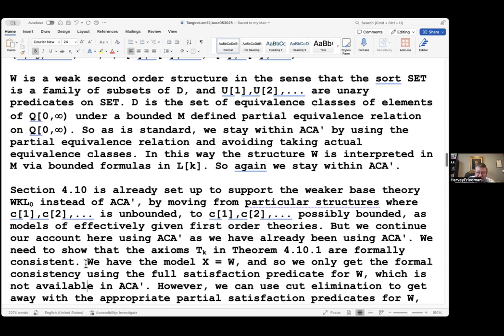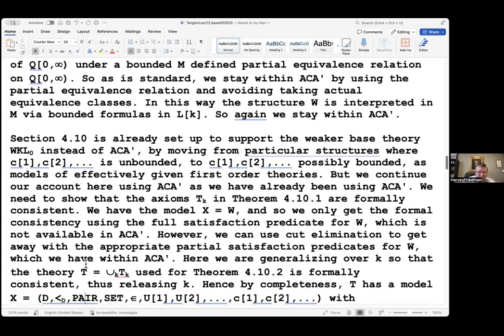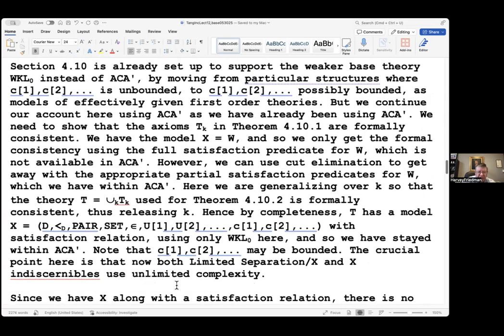But you can use cut elimination to get away with the appropriate partial satisfaction predicates, to be able to use just the partial satisfaction predicates for W in order to get the consistency. So here we're generalizing over K so that the theory T used in theorem 4.10.2 is formally consistent and thus releasing the quantified K. So by completeness, T has a model X. This is this model X in the text with a satisfaction relation using only WKL naught here. And so we've stayed within ACA prime this way.